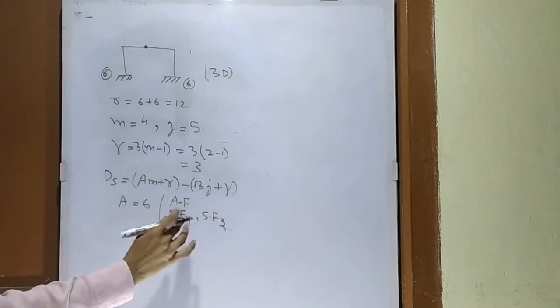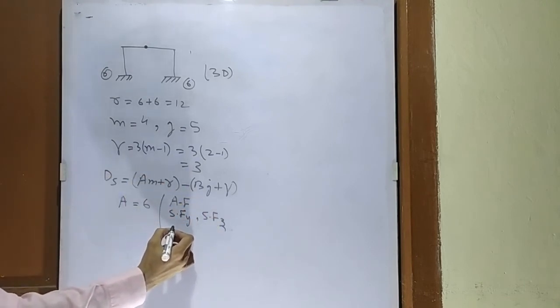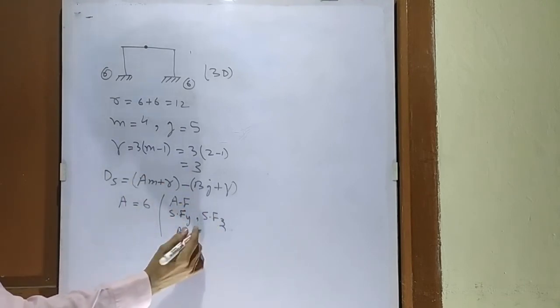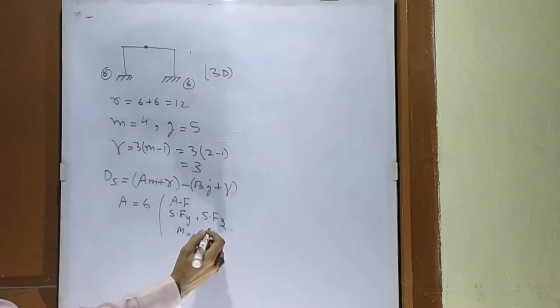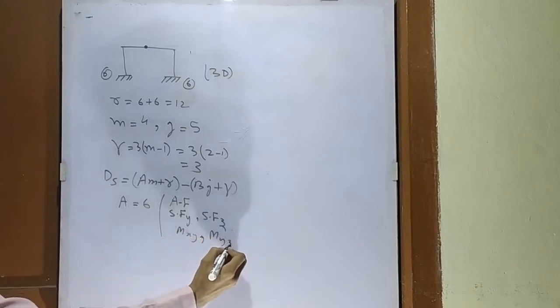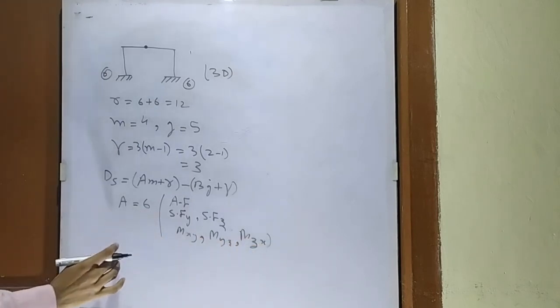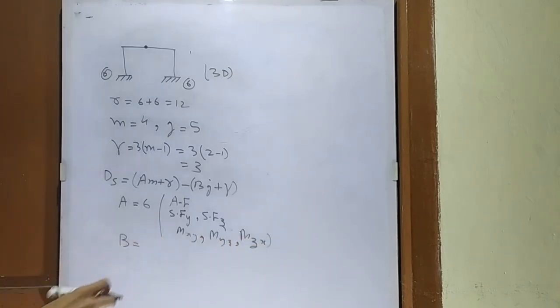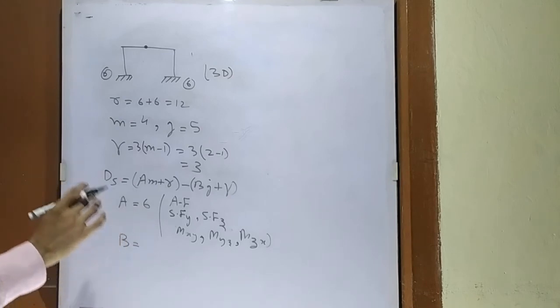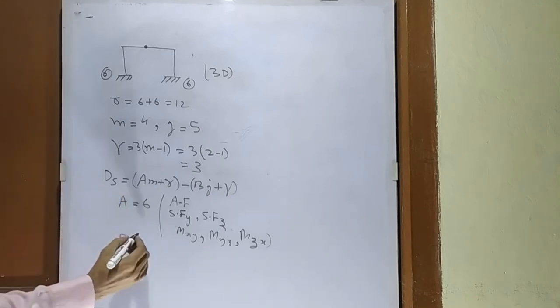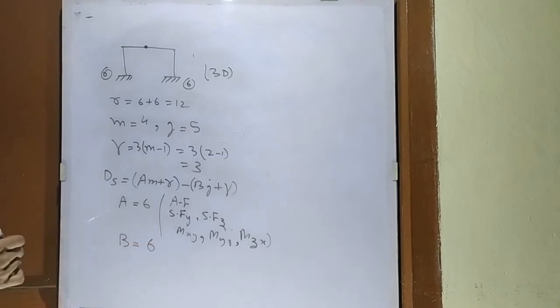Axial force will be in the x direction, and there will be moments Mxy, Myz and Mzx. So this will be 6, and b will also be 6 because there will be 6 equilibrium equations, 3 for moment and 3 for forces.